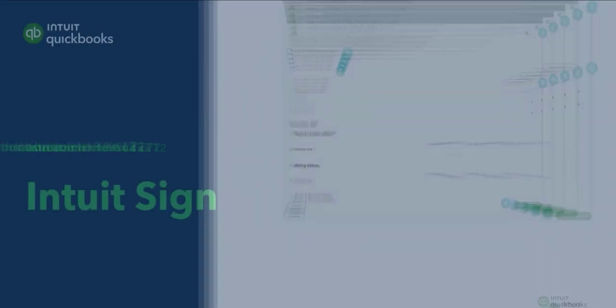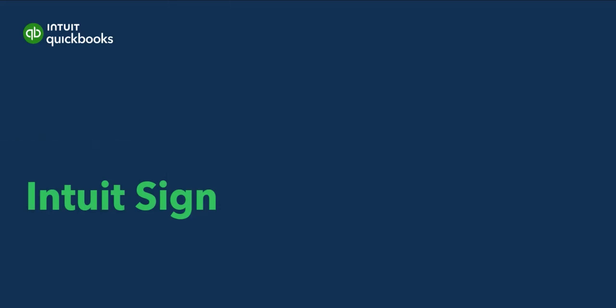ProTax recently integrated into its new proprietary e-signature solution called Intuit Sign. Intuit Sign lets you ask for signatures directly from ProTax without having to track individual emails or files. To use Intuit Sign, you will need an active subscription.